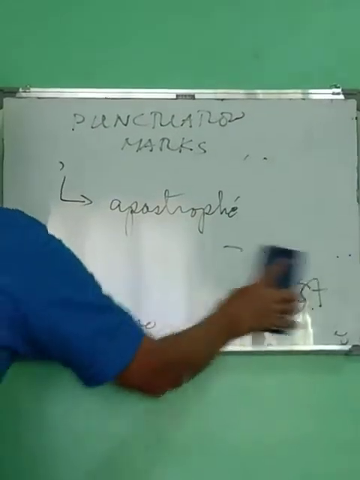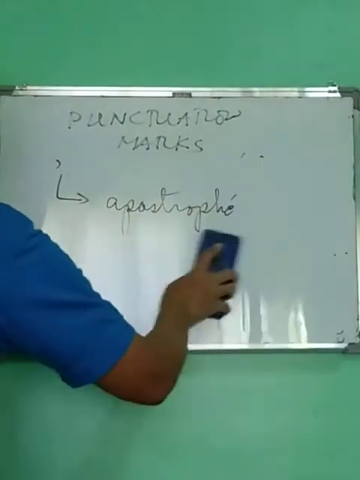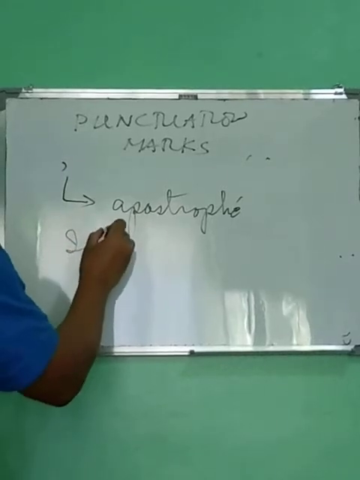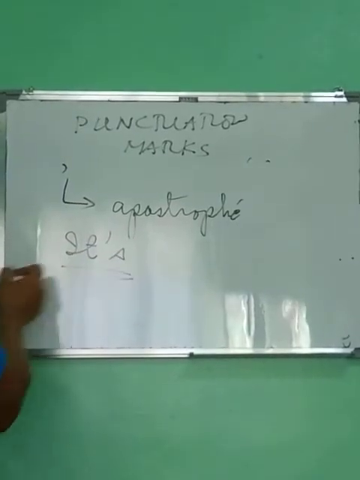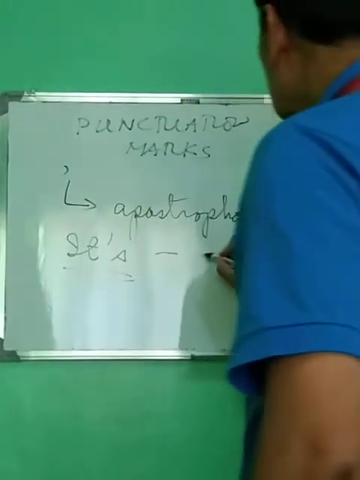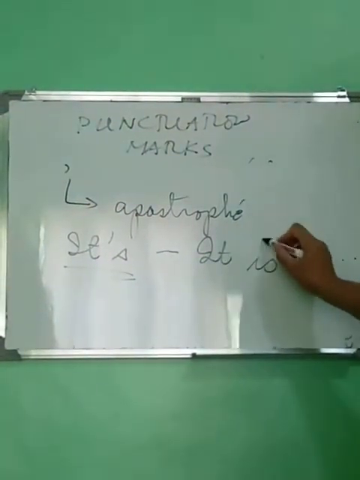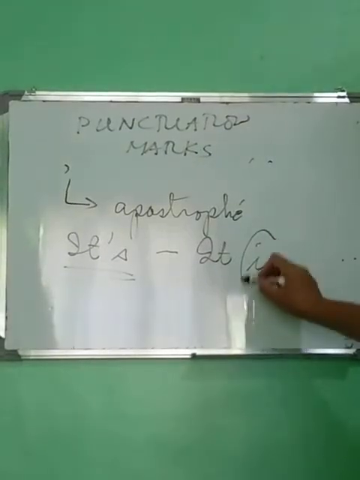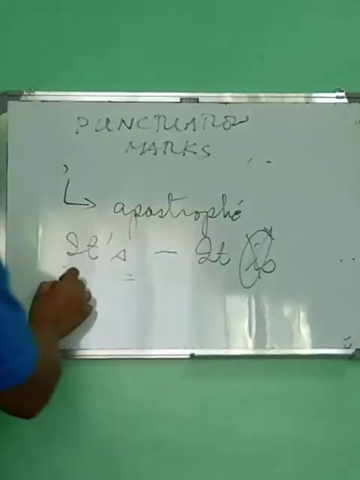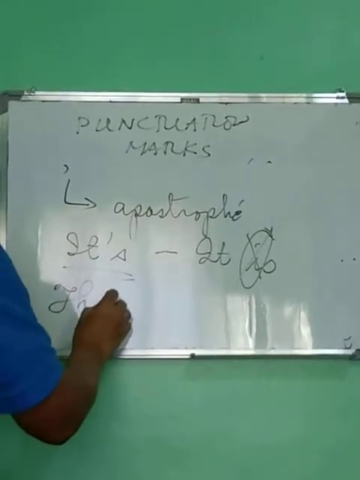Or say, for instance, it's. What does this word refer to? It refers to it is. And what letter is omitted? The letter I. Theirs, for instance.